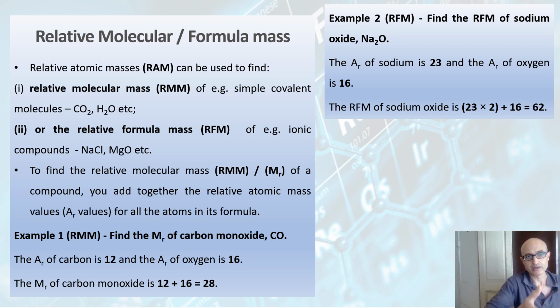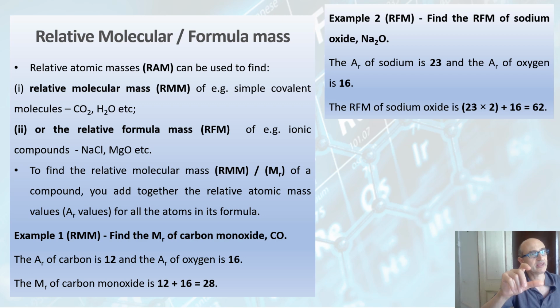They are simple covalent molecules, made up of atoms linked together with covalent bonds. We say that we have a molecule. So if I want to compare the mass of a molecule compared to 1/12 of carbon 12, I say that I have a relative molecular mass.